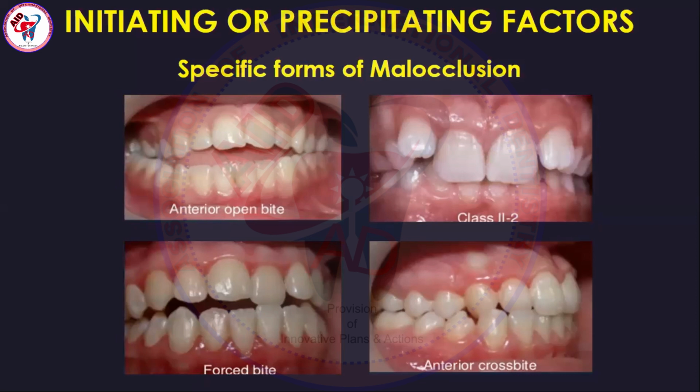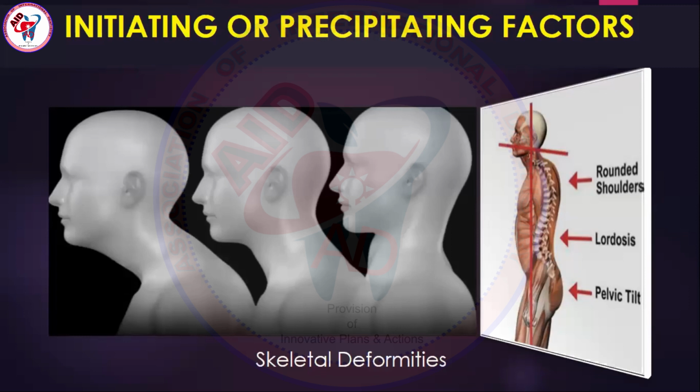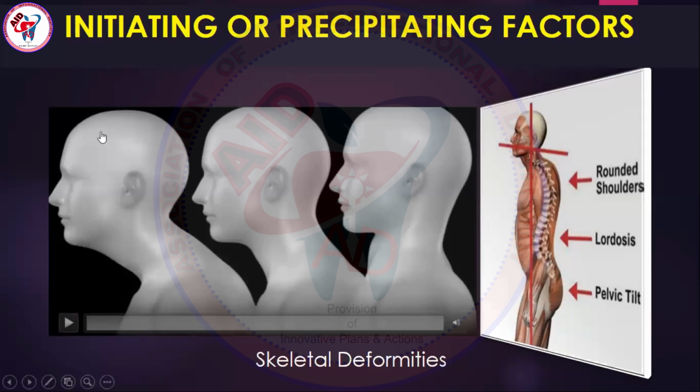Temporomandibular joint diseases are very much present in patients suffering especially from posterior or anterior crossbite. Ladies and gentlemen, there is one more thing: posture. You see, the temporomandibular joint is right here in this portion. This is the sternocleidomastoid, these are the anterior neck muscles, and this is the trapezius muscle, which is holding the whole neck posteriorly.